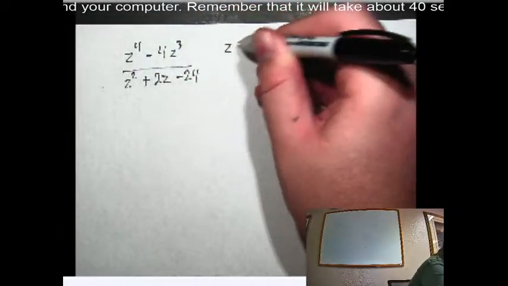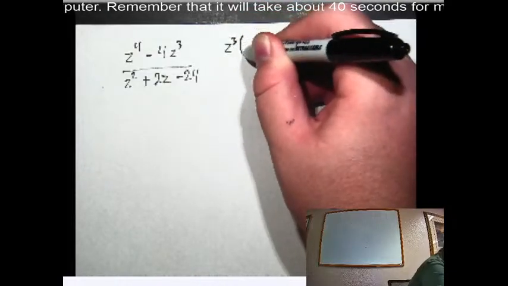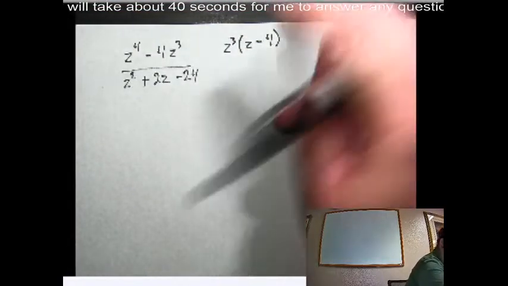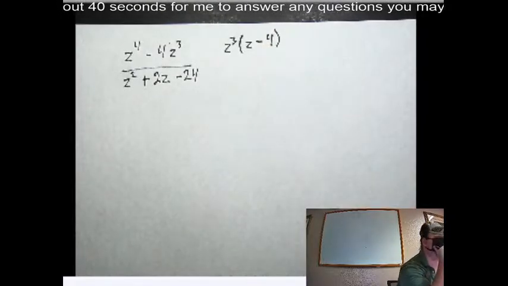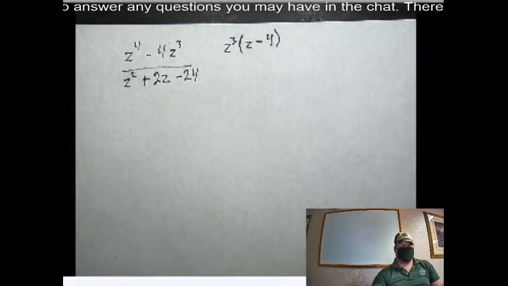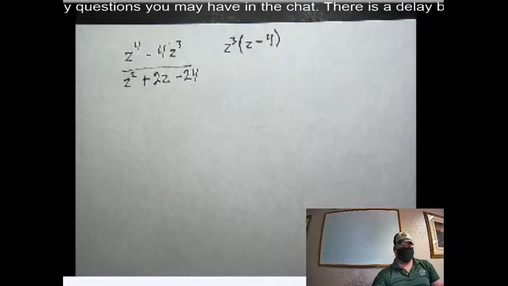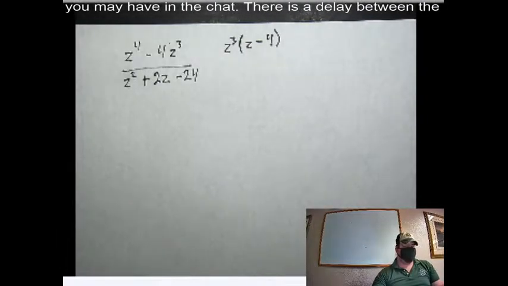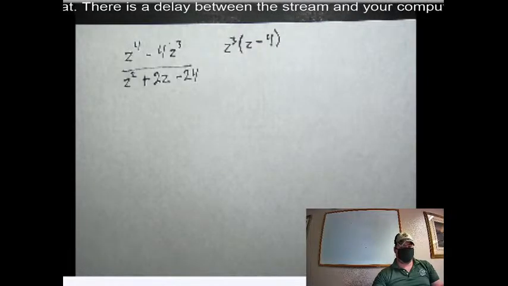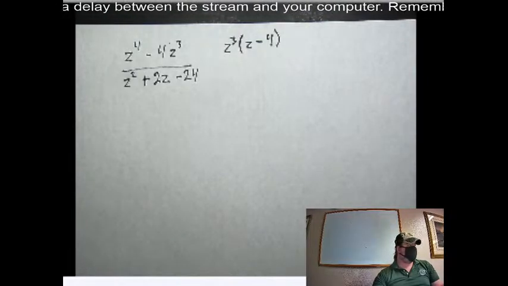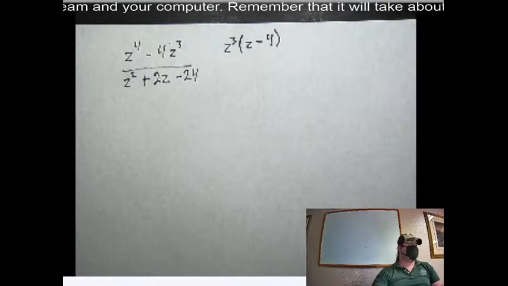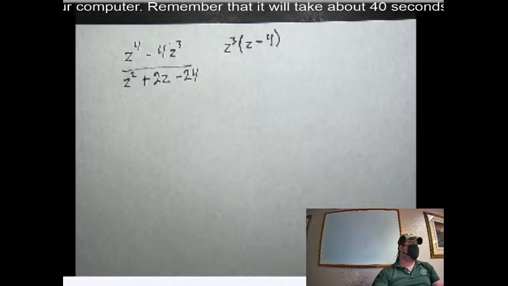We can take a z to the third out, which gives us z minus 4. Can this be factored farther? It's not a trick question. No, you can't.